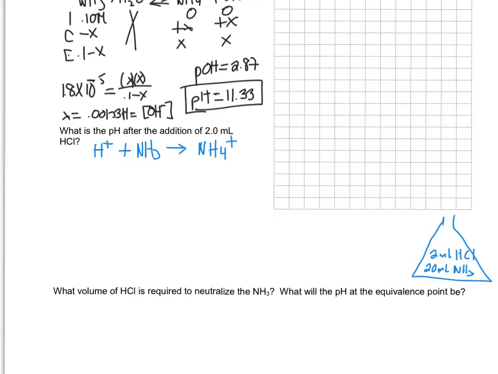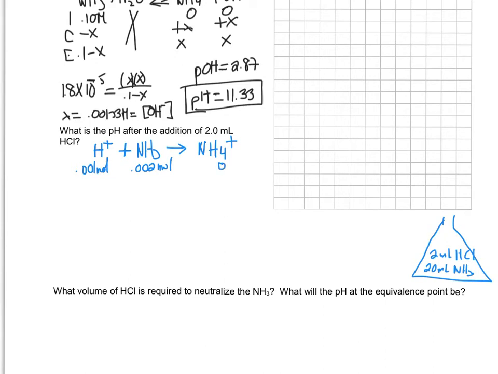I'm going to figure out how many moles of each of them I have. I have 20 milliliters of 0.1 molar NH3, so that's 0.002 moles. And for my HCl, I have 2 milliliters, but it's only 0.05 molar. So 0.05 molar times 0.002 liters would be 0.0001 moles. And none of the NH4 plus.